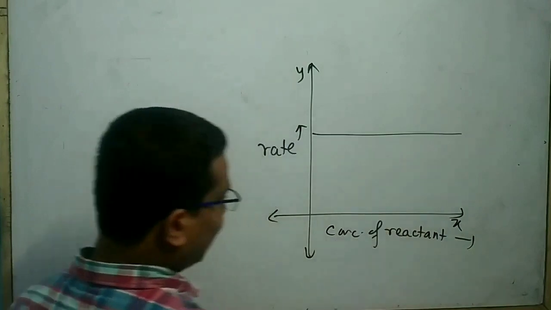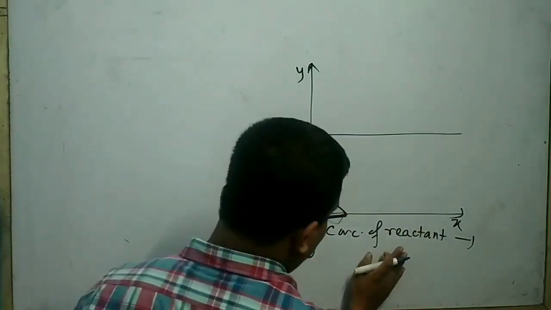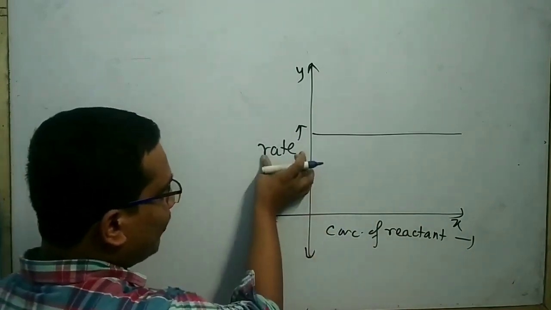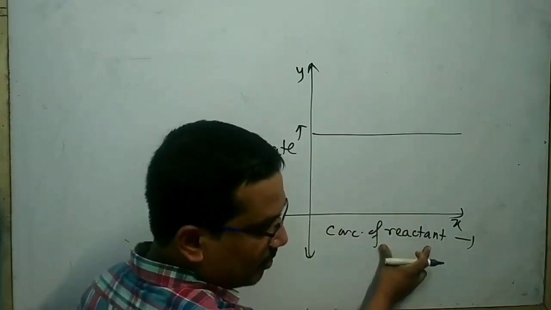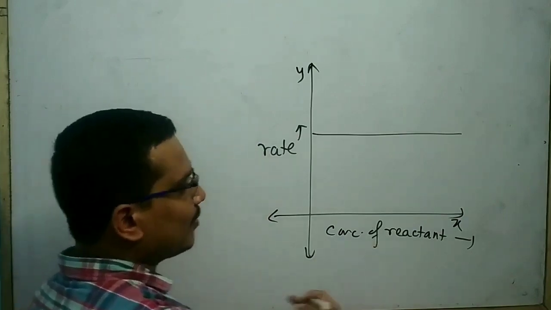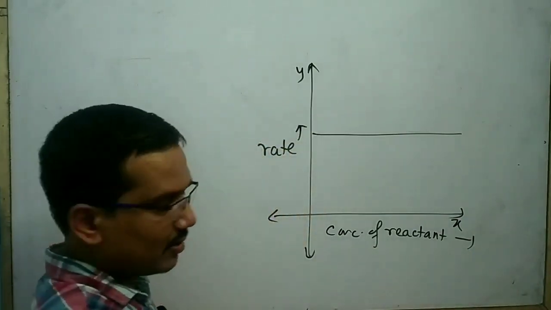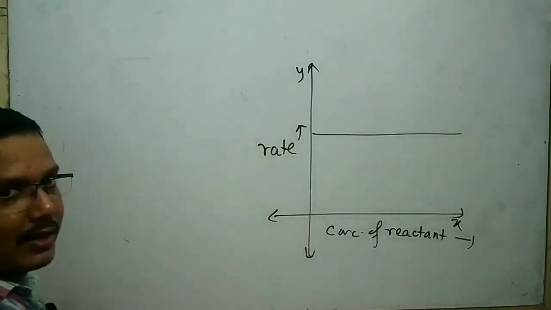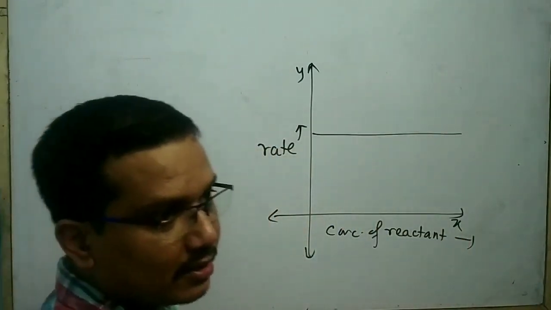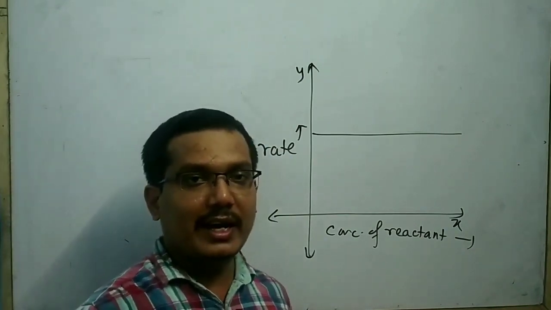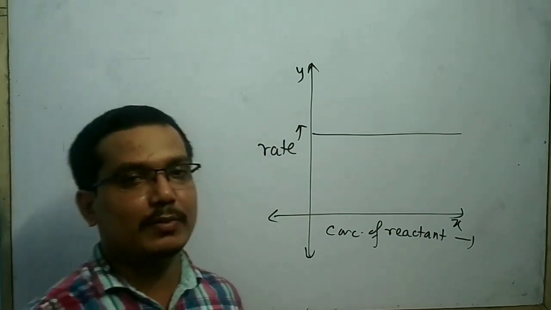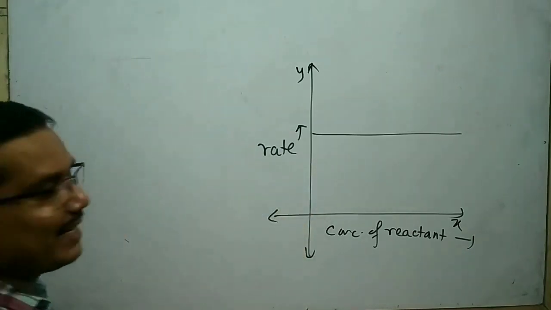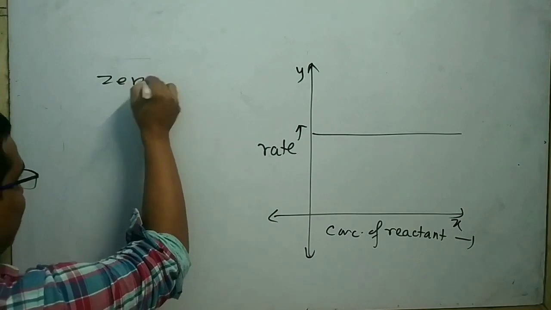This is the straight line which is parallel to the concentration of the reactant axis. From this graph it is clear that the rate of reaction is independent of the concentration of the reactant. Whether the concentration of the reactant increases or decreases, no problem, the rate is always constant. According to the definition of the zero order reaction, the reaction in which the rate of reaction is independent of the concentration of the reactant is called a zero order reaction. That means this graph indicates a zero order reaction.